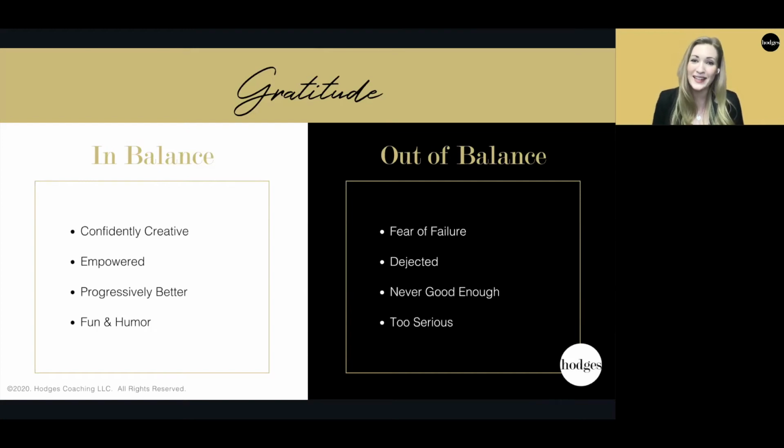But when gratitude is in balance, then teams typically feel very confident and creative. They feel empowered, and they're focused on just getting progressively better, because gratitude is shown along the way for each little micro step and micro improvement that they make. And that creates a very light-hearted, fun, and humorous atmosphere, because it's fun to be creative, right?